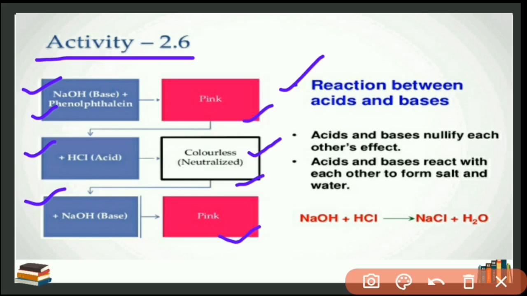So we can say that acid and base nullify each other's effect and neutralize each other, and when acid and base react with each other, they form salt and water. In equation form, the strong base sodium hydroxide, when reacted with hydrochloric acid, gives rise to the salt NaCl and a water molecule. So whenever an acid and a base react, they form salt and a water molecule.